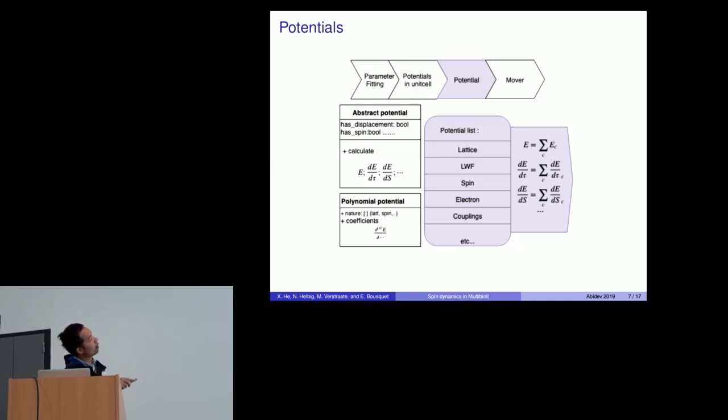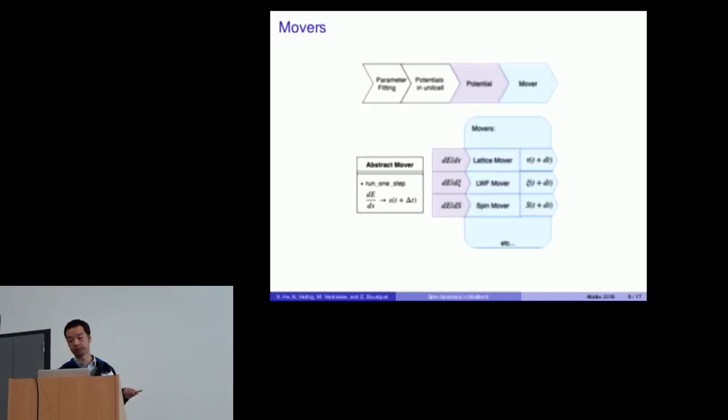We also have a potential list, which is also a potential. What it does is sum up all of the outputs from the components, the energy and the derivatives, and output it to the movers. We have a set of movers. For each degree of freedom, it has its own equation of motion.